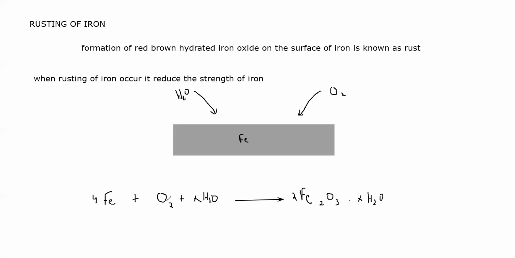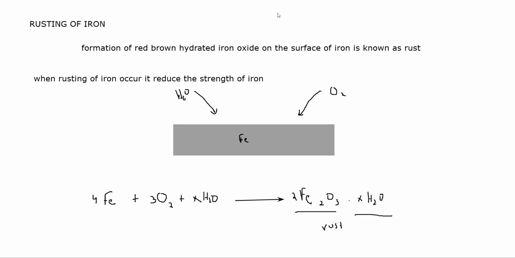This can be any number here for water. That's why I wrote x. Like if water molecules are 3, then it will be 3H2O. If it's 5, then according to that, variation is there. It's not a fixed number. This compound, which is iron oxide and also traps some water molecules, we call hydrated iron 3 oxide, and this is the formula for rust.